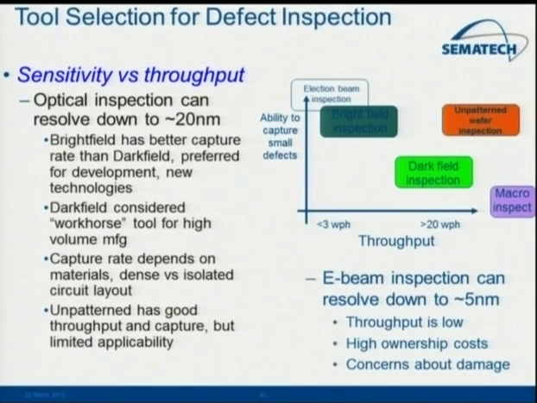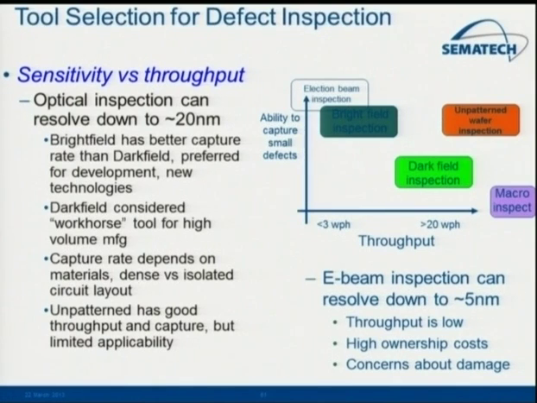So these actually fit into different spaces, much like the metrology tools for the CD measurements, but it's even a little bit broader, because you have several different techniques that work well in different spaces with regards to throughput as well as the sensitivity and what they can detect.